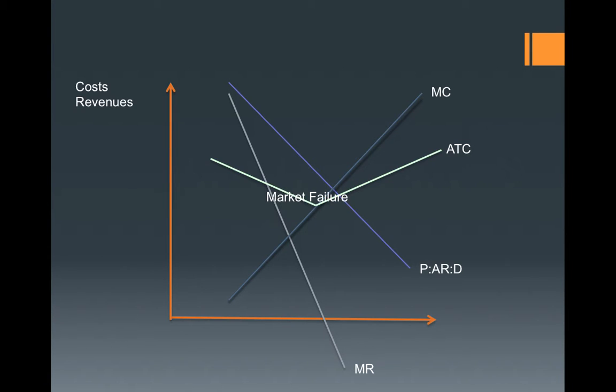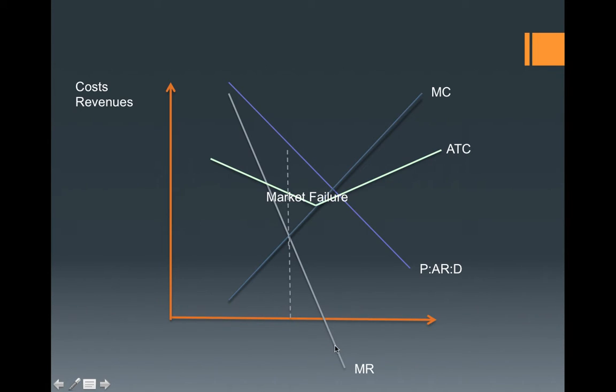Okay, you've got it. So here we've got our monopoly diagram, and there's a few things to note. When we look at where the monopoly is going to produce, we know they're going to produce where MC equals MR. Those two lines intersect right there, so they're going to produce that quantity. That's the most profitable quantity for them.